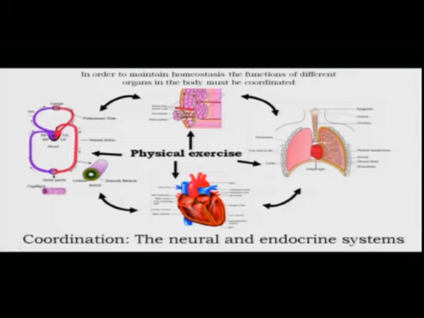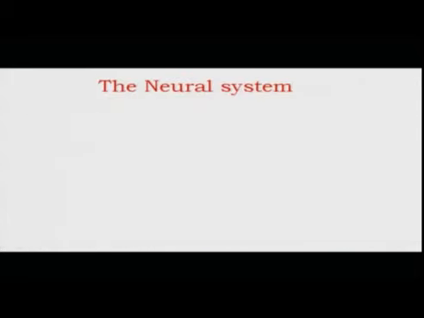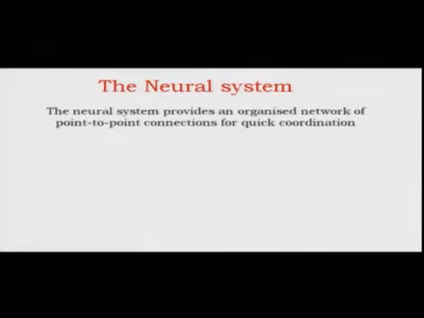This coordination is taking place because of two systems in our body, which are called the control systems. The first one is the neural system, which we are going to discuss today, and the other one is the endocrine system, which we are going to discuss in a few lectures later. To begin with the neural system, let us see what this neural system is. The neural system provides an organized network of point to point connections, which is required for quick coordination.